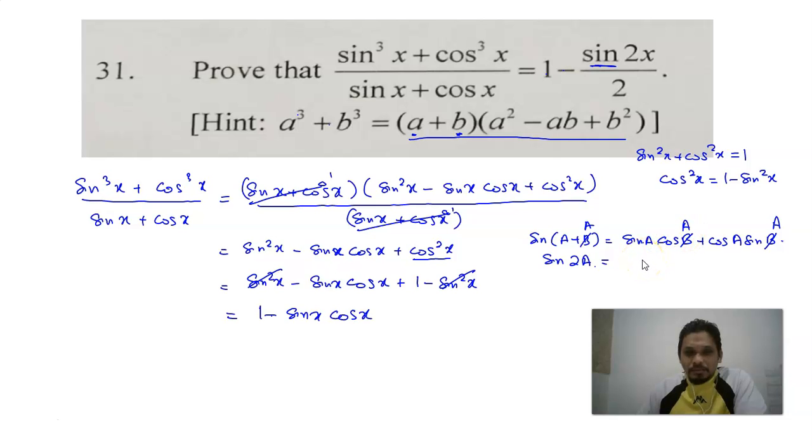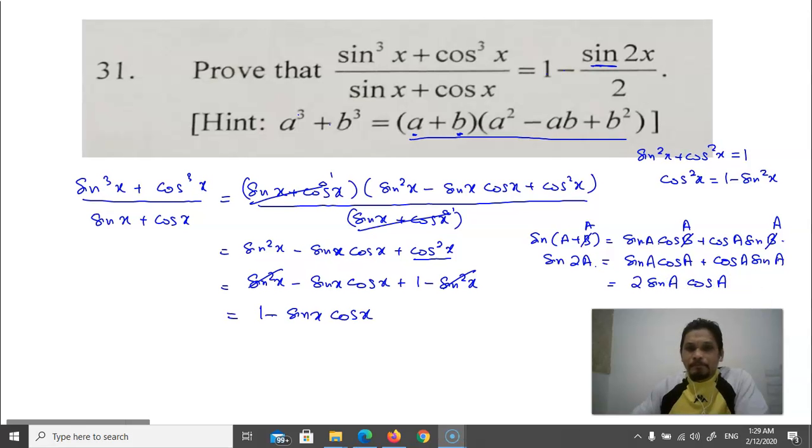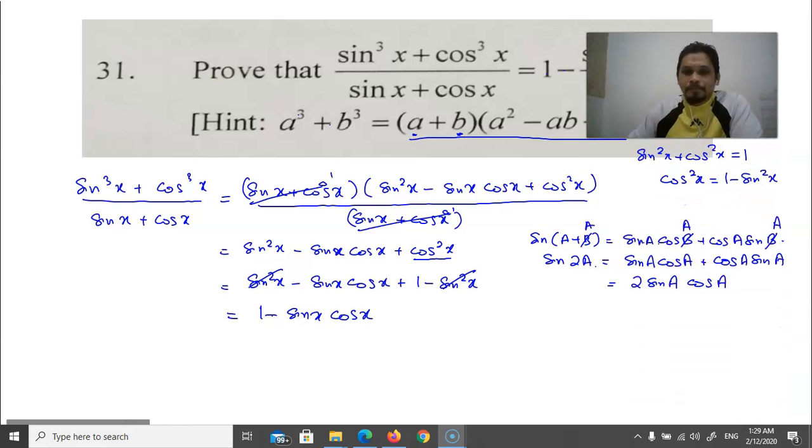sine A cos A plus cos A sine A, which gives 2 sine A cos A. Okay, can you think of something? I think you can detect something here now, right?